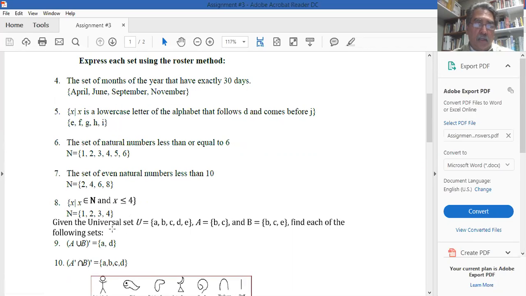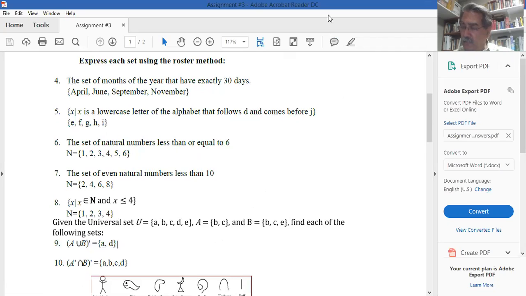Now, given the universal set U and sets A, B, and C, find each of the following sets. I want you to find these sets for me. This one is the complement of the union of A and B, A union B prime. Let me show you what I mean. Let me go to another share screen.